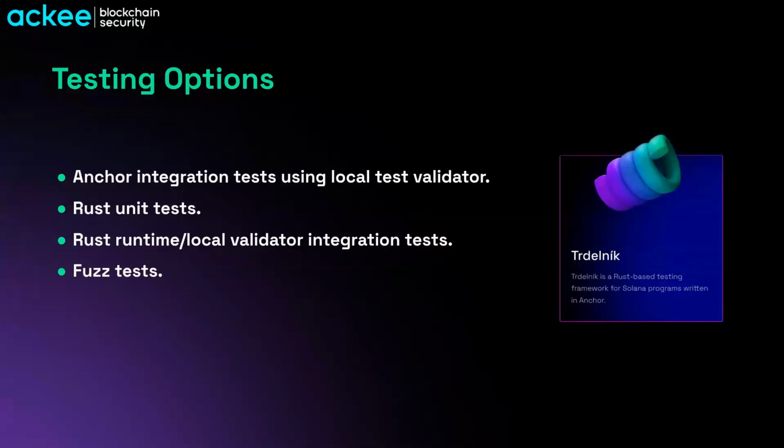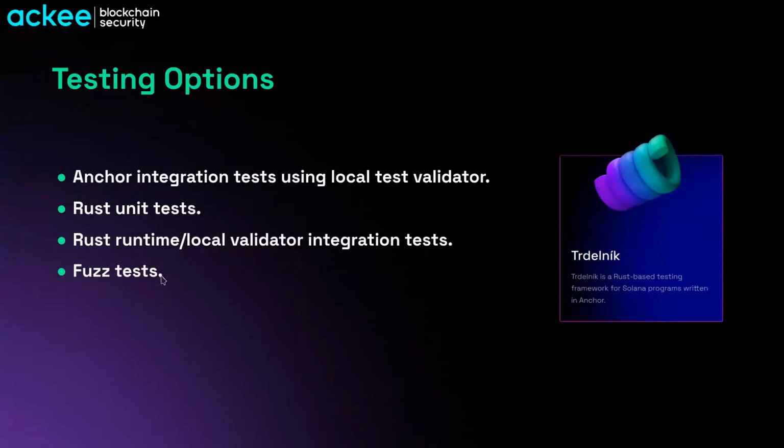Maybe some operations with blocks and slots are not working as in a real validator, but usually it's quite sufficient. Or you can use a local validator for the integration tests. There is basically a Rust crate directly from Solana that you can use.